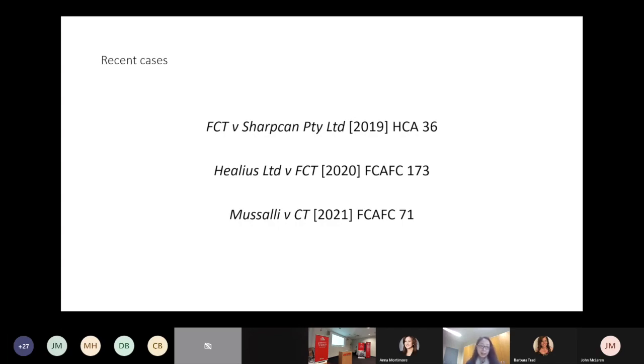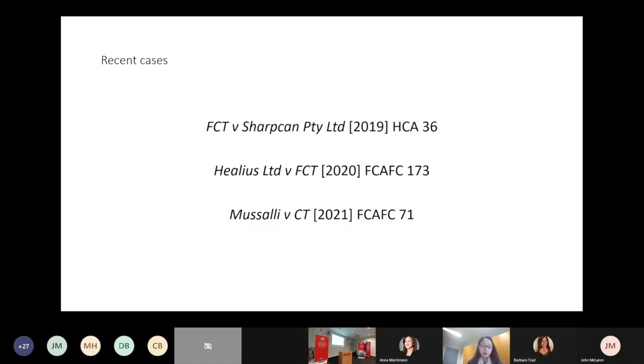The last Muselli case I just added because the appeal process was finalised after I submitted the abstract. It was ongoing. The full federal court decided that the payments, we're talking about prepayments here, made in conjunction with business acquisitions by way of prepayment of rent was not immediately deductible.